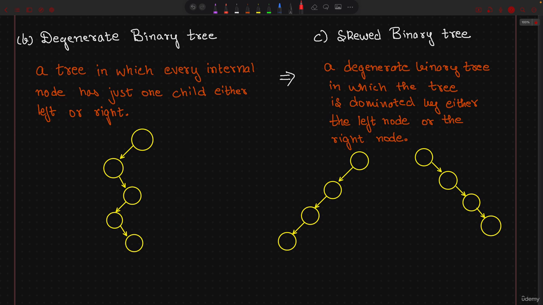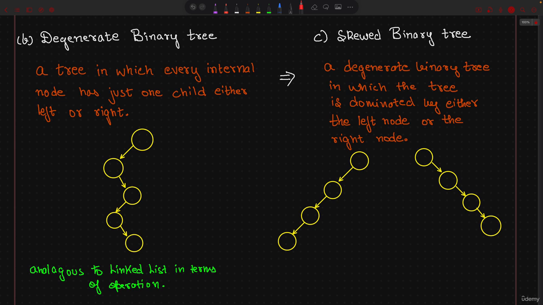It is not balanced in the way we want our trees to be, and it is analogous to a linked list in terms of operations, because each node is just having one more node, right? So you cannot make it balanced or have nodes on both sides, which means that it is just like a linked list, which is just nodes connected to each other.